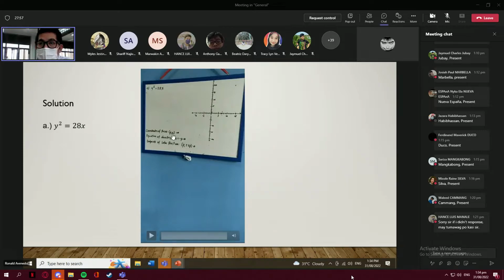Then, using the second column, write the guide. So, example, coordinates of focus, p, 0. Andun yan sa second column. Equation of directrix, x is equal to negative p. And endpoints of latus rectum, p, plus minus or positive negative 2p. Okay. Pay attention.